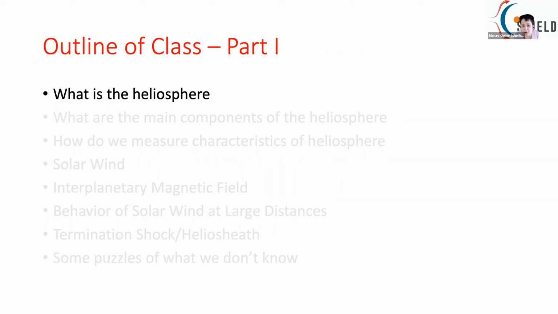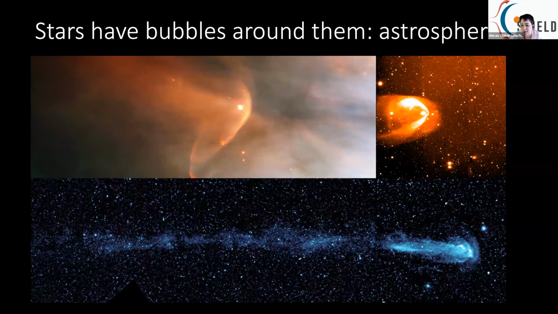Okay, so first of all, what is a heliosphere? What do we mean by heliosphere? We like to show this slide to introduce to the broader viewer that, in a broader sense, the concept of the heliosphere is equivalent to astrospheres for stars.